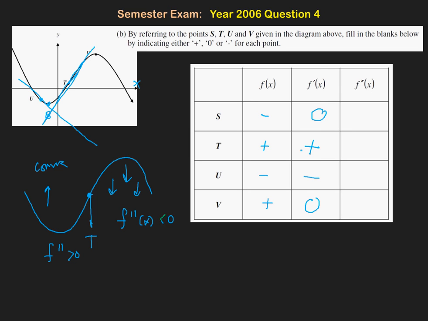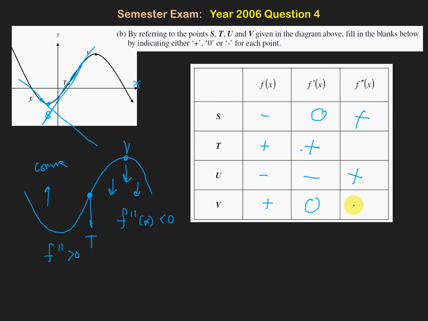So any point to the left of T, in this case U and S, are before T, so f double prime of U and S should be positive and positive, and because point V is to the right of the inflection point T, this would be negative.